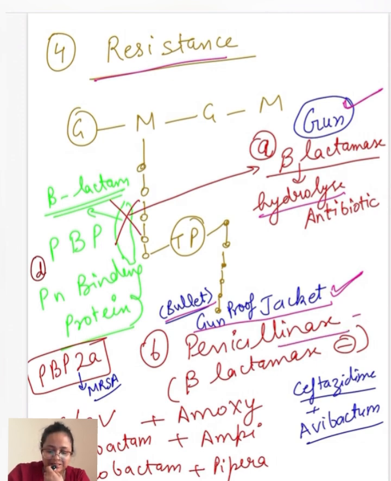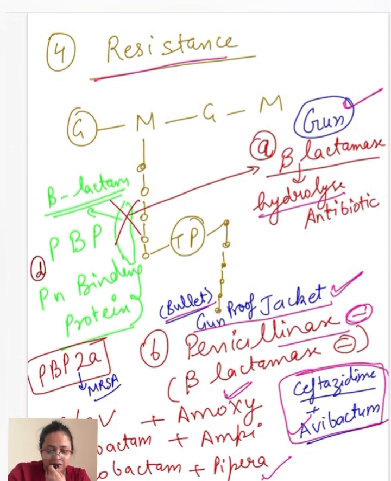Penicillinase inhibitors themselves do not work, we have to give an antibiotic with them. Clavulanate, sulbactam and tazobactam are the penicillinase inhibitors or beta lactamase inhibitors. We give amoxiclav, ampicillin-sulbactam, piperacillin-tazobactam, or ceftazidime-avibactam, a newer group, a very good antibiotic we give.